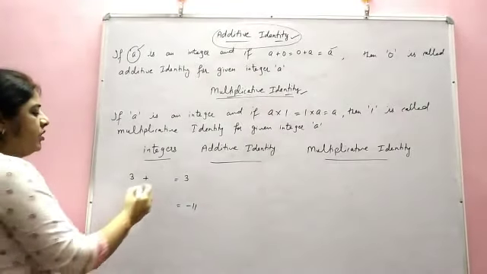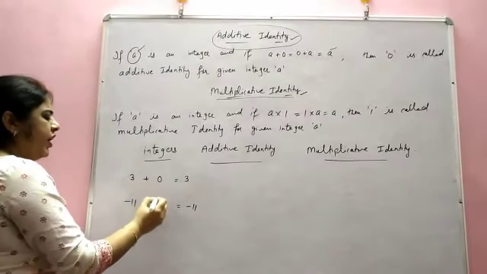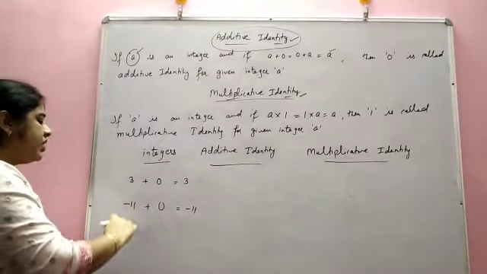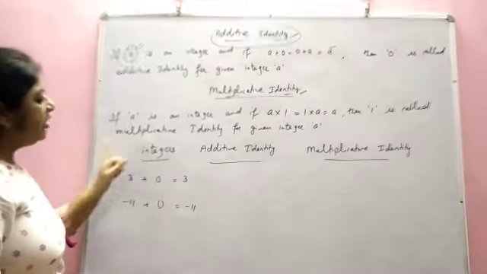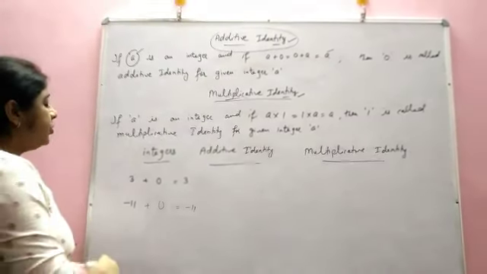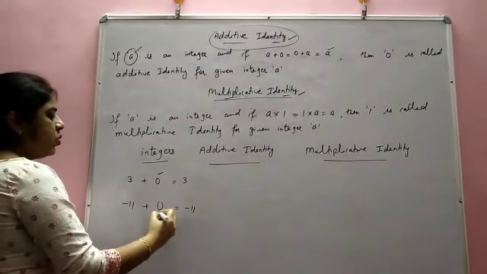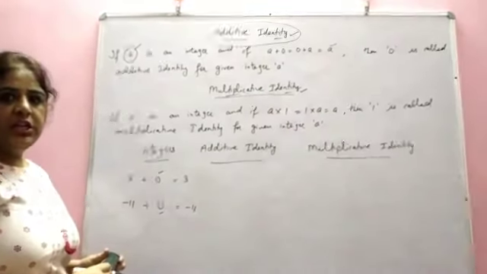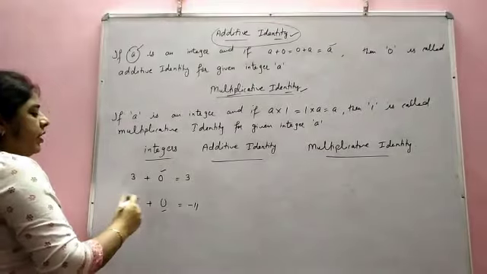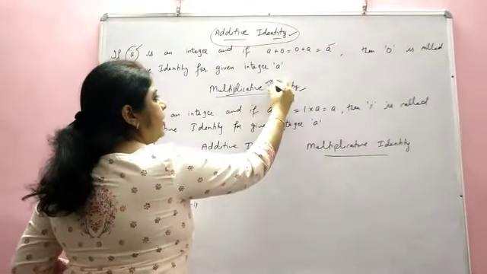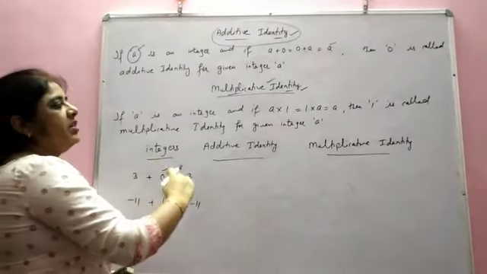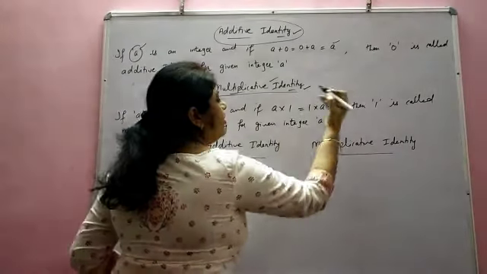It's very natural. 0 when added to any number, either negative or positive or 0 itself, will not affect its value. So, 0 is called the additive identity for any type of integer. Same if we are talking about the multiplicative identity, then what should be multiplied to the integer so that it will not affect its value?